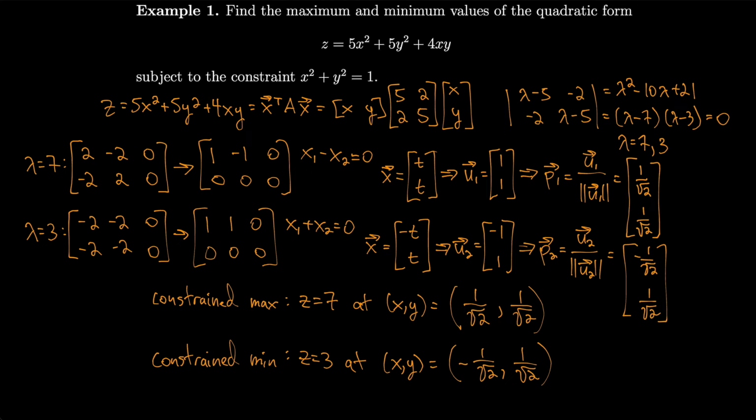So we could have factored out minus t, would have gotten minus 1, minus 1. Similarly over here would have gotten 1, minus 1. So we would have just gotten the negative versions. So if you were to put negatives over here, it would still give you the max equals 7. And if you were to put negative here, positive here, it would still give you the minimum.